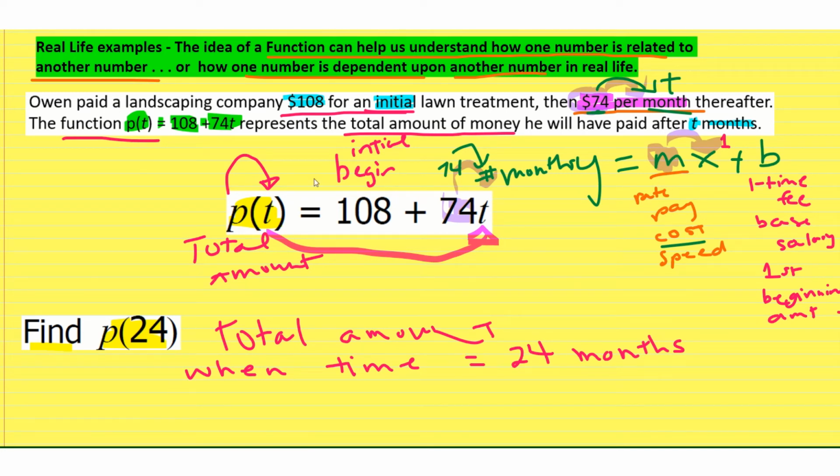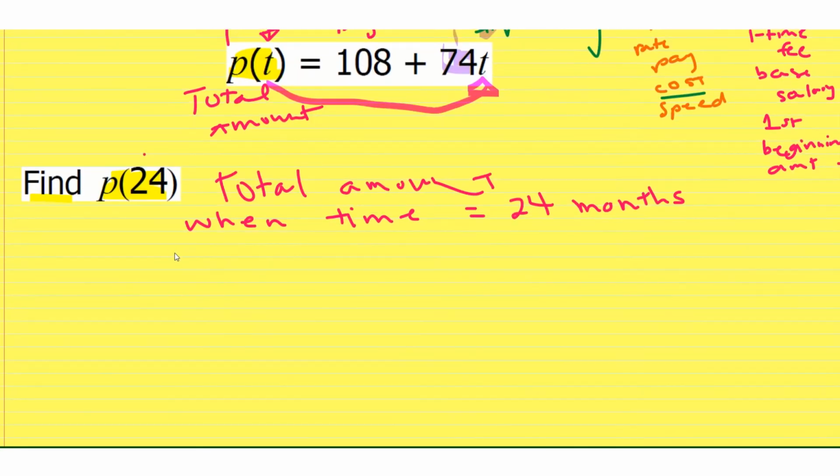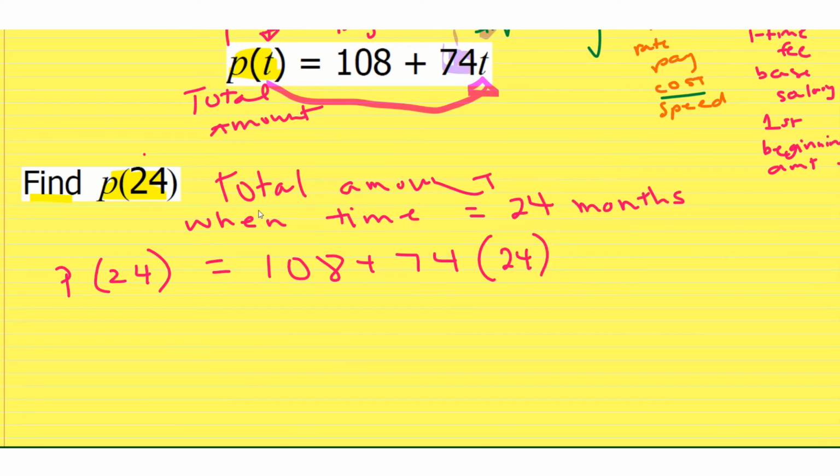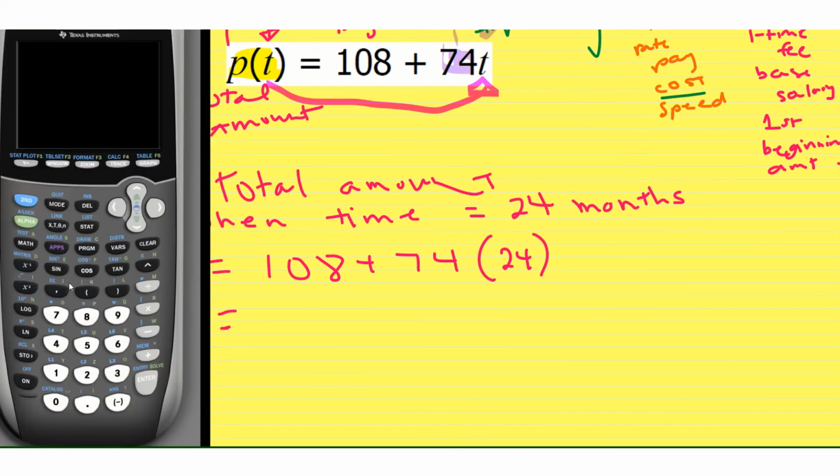Okay, so all we're going to do is put 24 into our equation. So let's go ahead and do that. We're going to say that our P of 24 is equal to our equation of 108 plus $74 times 24 months. And when we crunch that out with our calculator, let's go ahead and pull up our handy dandy calculator.